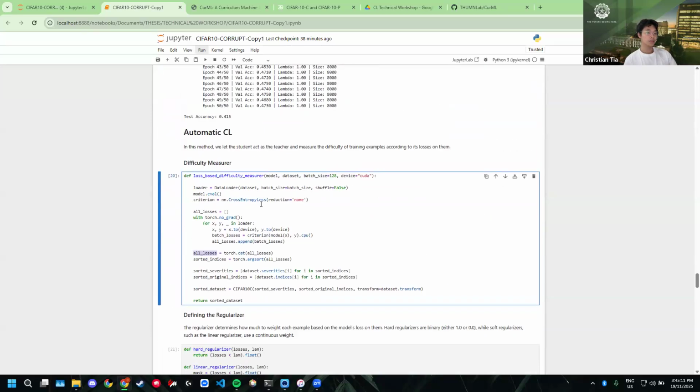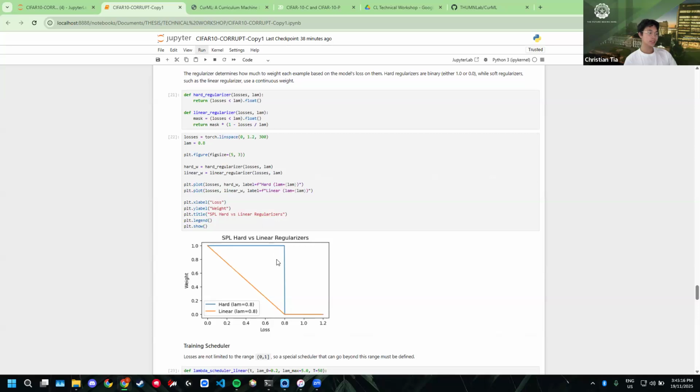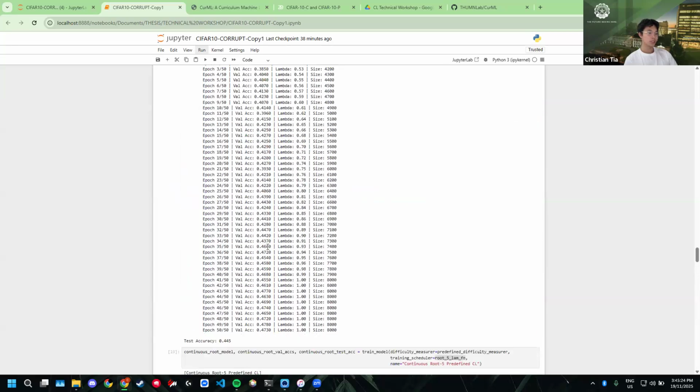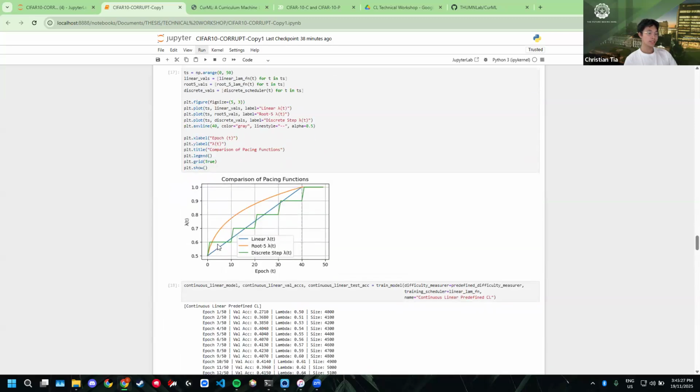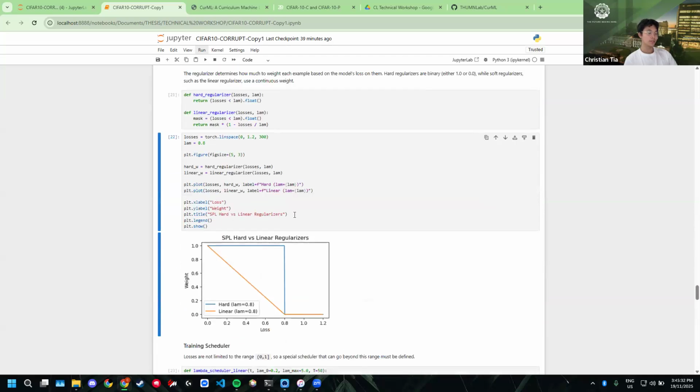Another feature of automatic CL is that this is similar to lambda, where previously it was the proportion of data that we want to include. However, here in automatic CL, it's thought of as weights. So if we were to use a hard regularizer at lambda equals 0.8, all examples which have a loss of less than 0.8 would have a full weight, so 1.0.